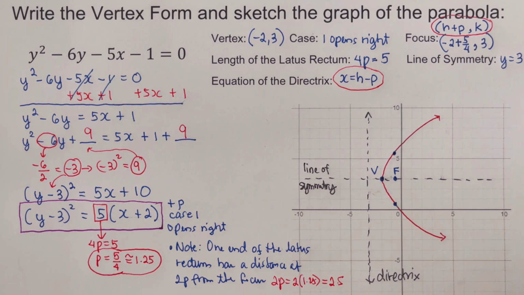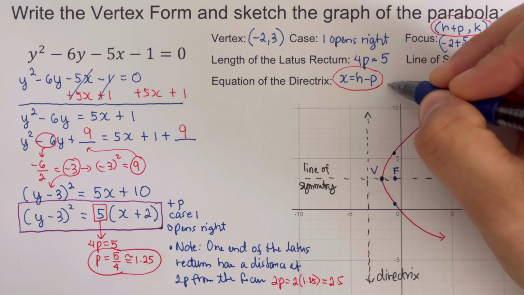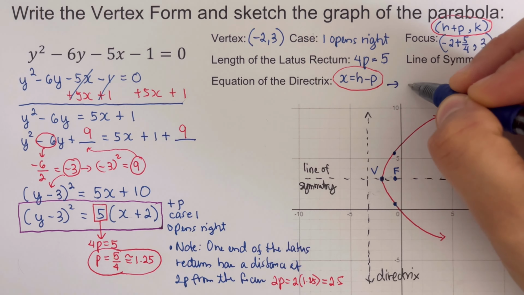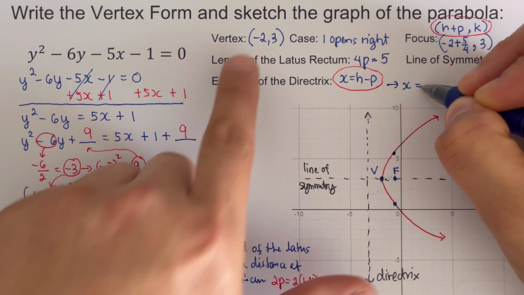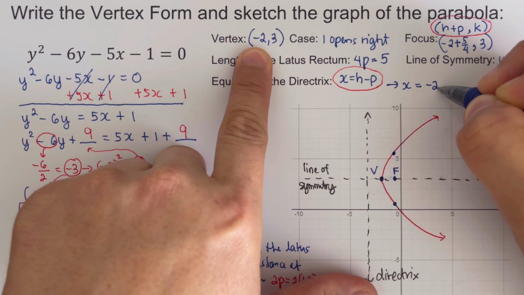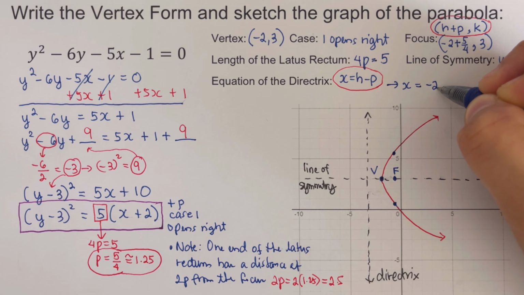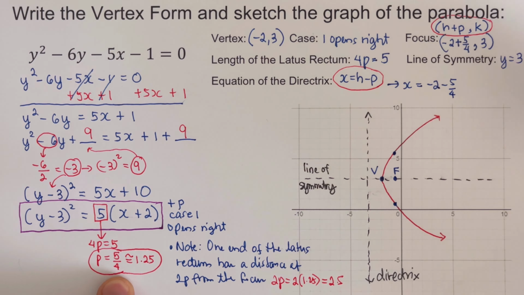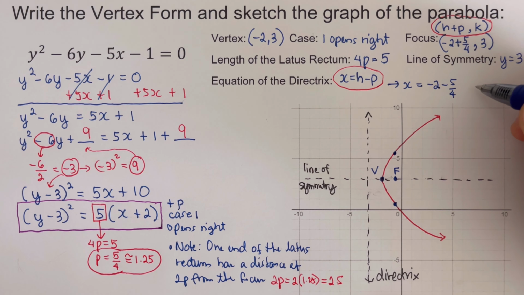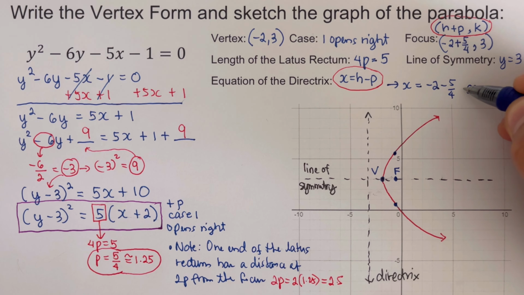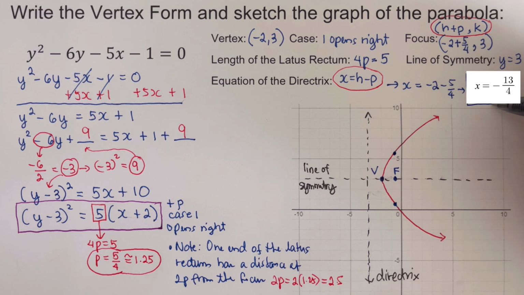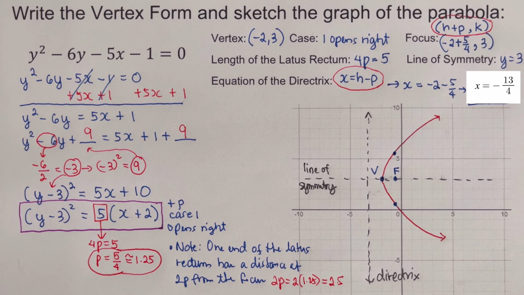When we plug in the value of h and the value of p, this comes out x is equal to our h, which is -2, minus 5 over 4. We can go ahead and say that the equation for the directrix then is x is equal to -13 over 4. So this is the equation of the directrix.